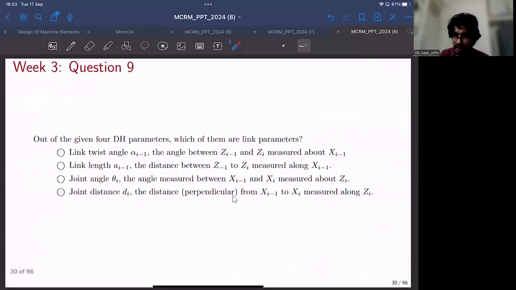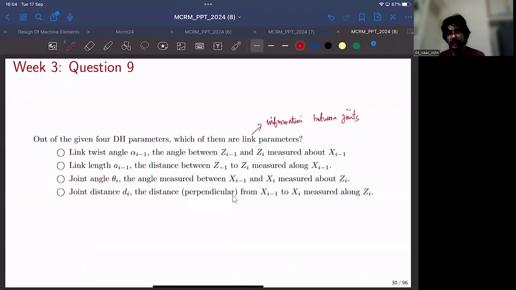This was a typical question that we discussed in week 3, which says: out of the given 4 DH parameters, which of them are link parameters? Link parameters are nothing but the information between joints, which basically corresponds to the link twist angle and the link length.